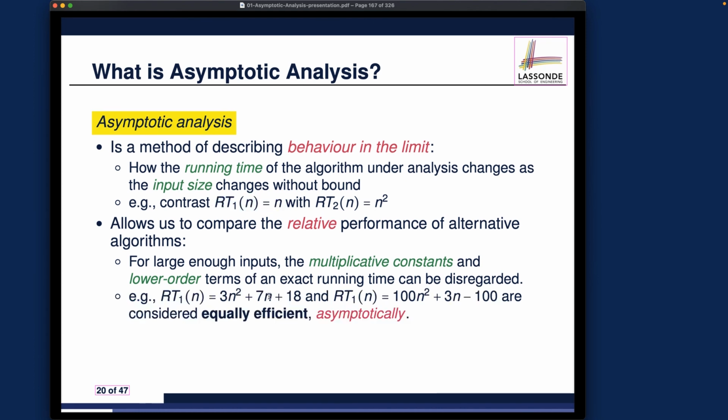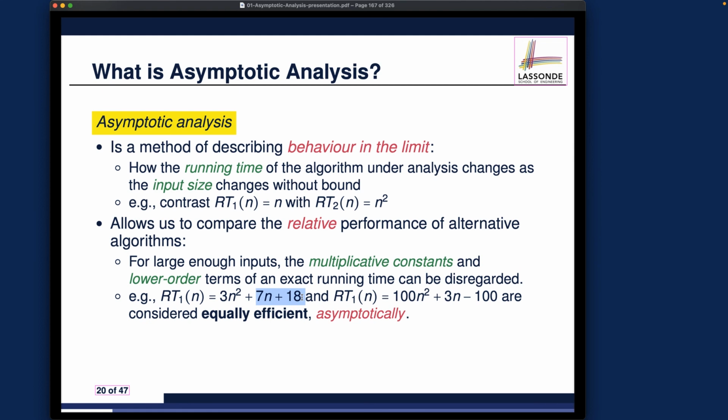Okay, let's now see more examples here. This is a slightly more sophisticated formula. Take a look at this, and also take a look at this. Asymptotically speaking, after dropping all the multiplicative constants and all the lower terms, these two algorithms will turn out to be equally efficient because 2 is the highest power in both terms. For this particular formula, first of all, we drop the lower term.